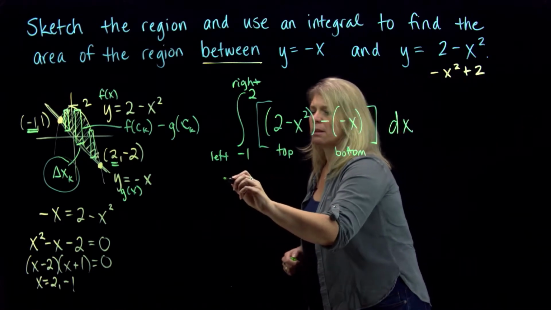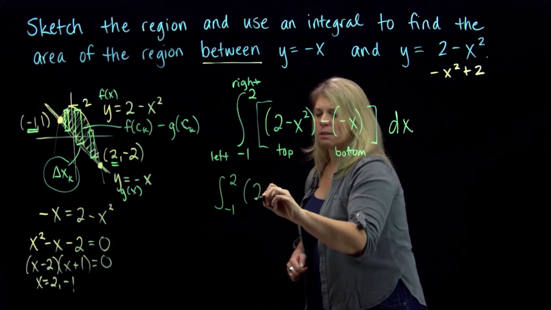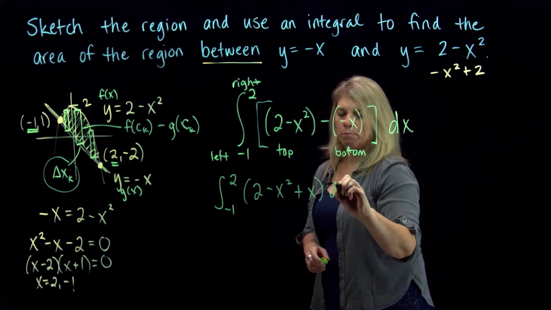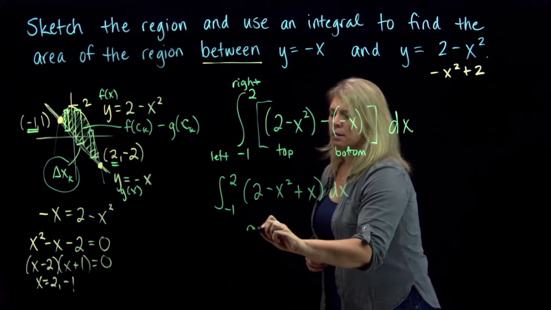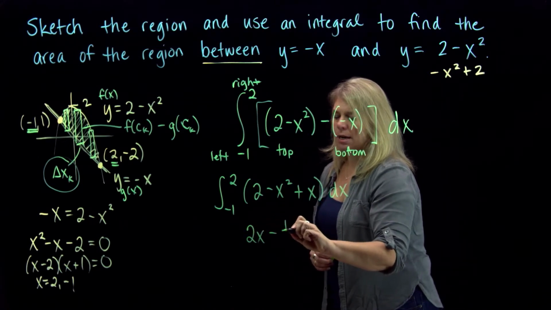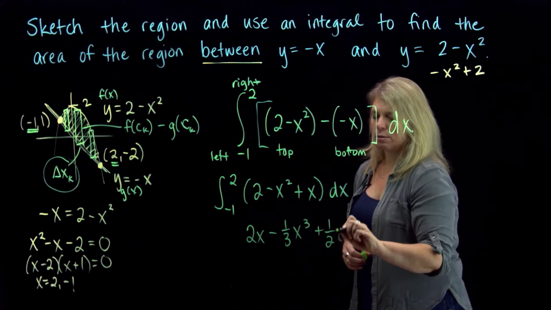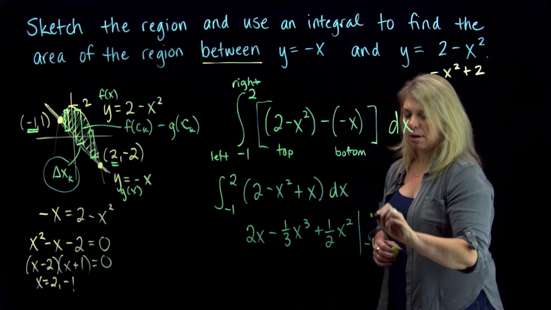Let me tidy this up a little bit before I do the integration here. I'll write this as 2 minus x squared plus x. These are all pretty easy antiderivatives at this point: 2x minus 1/3 x cubed plus 1/2 x squared. And then we're going to have that evaluated from -1 to 2.